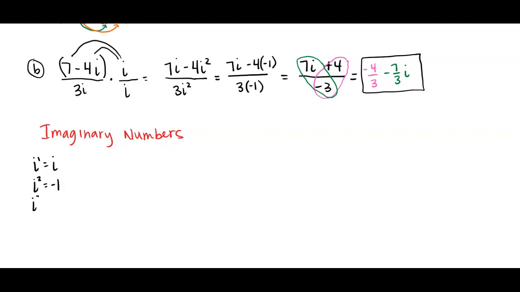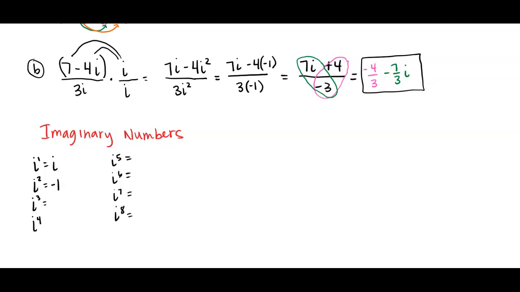And then what about if I keep going up and try to figure out, well, what is i to the third? What is i to the fourth? Right? And then i to the fifth, and i to the sixth, and i to the seventh, and i to the eighth, and so on. How could I figure out what these are?